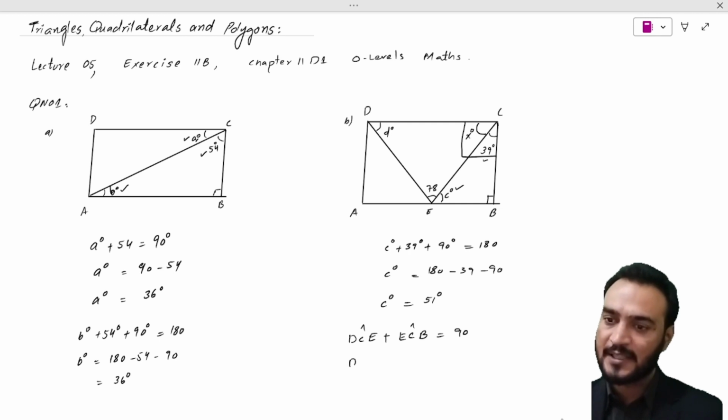So DCE plus ECB, which is 39 degrees, is equal to 90 degrees.